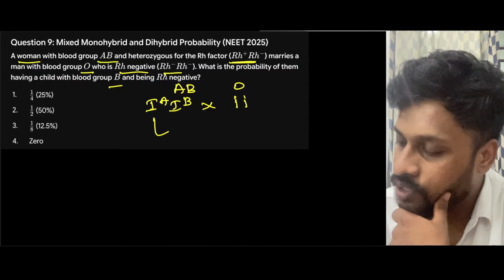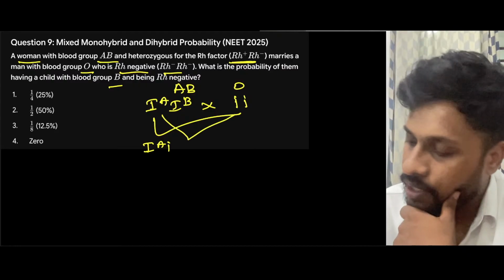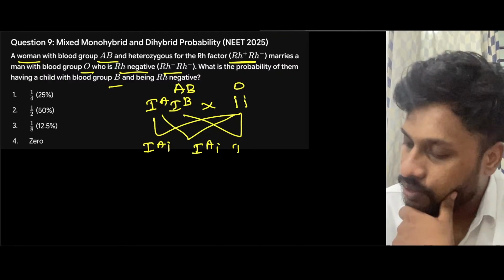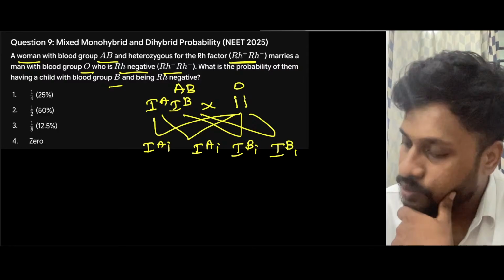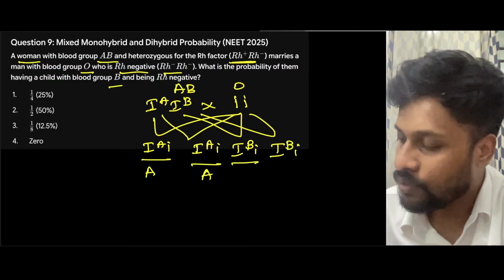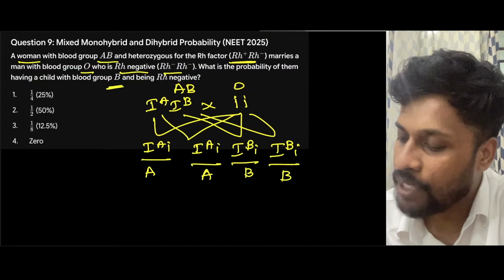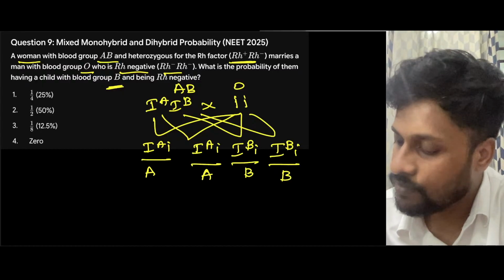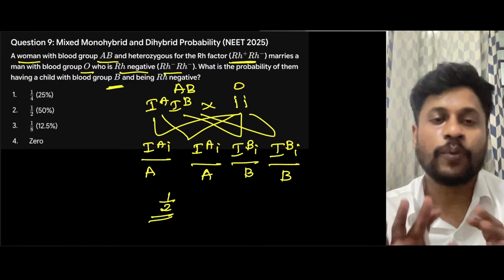Let me cross it. IA small i, IA small i, IB small i, IB small i. A blood group, A blood group, B, B. So what is the probability of having B blood group? Which is 2 by 4, which means 1 by 2.